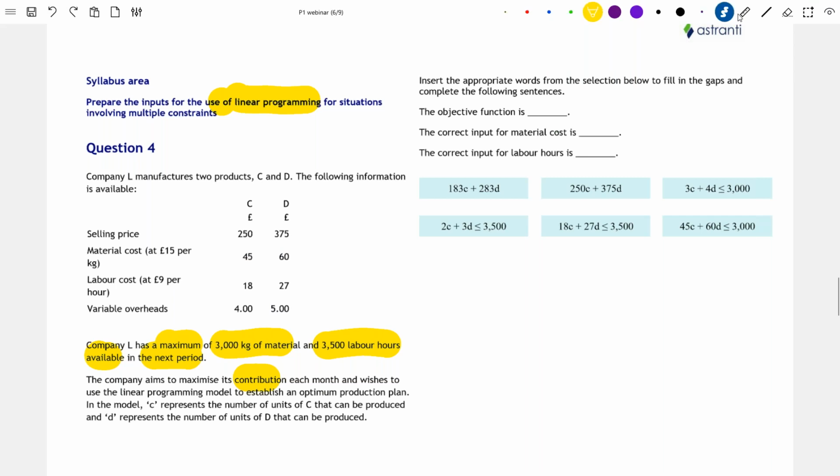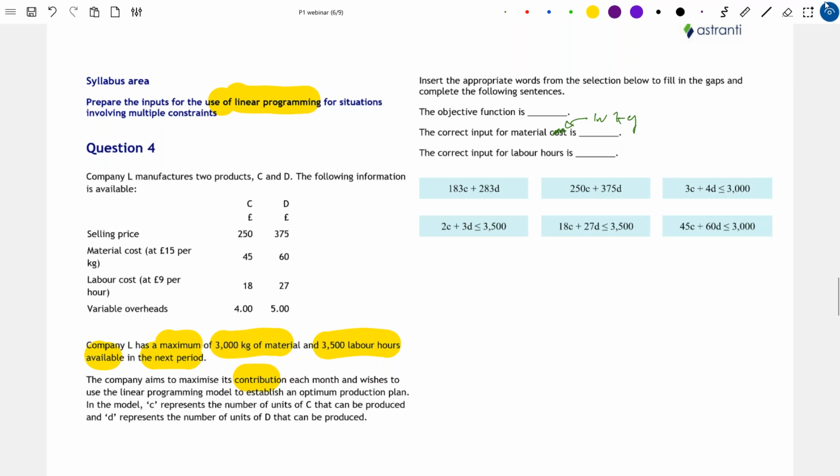I wrote this question intending it to be asking about the availability of material. So that's the correct input for material in kilograms. What I've done is accidentally written that option in a way that related to the expense of the material, but the constraint is given in terms of the quantity and not the expense of material.